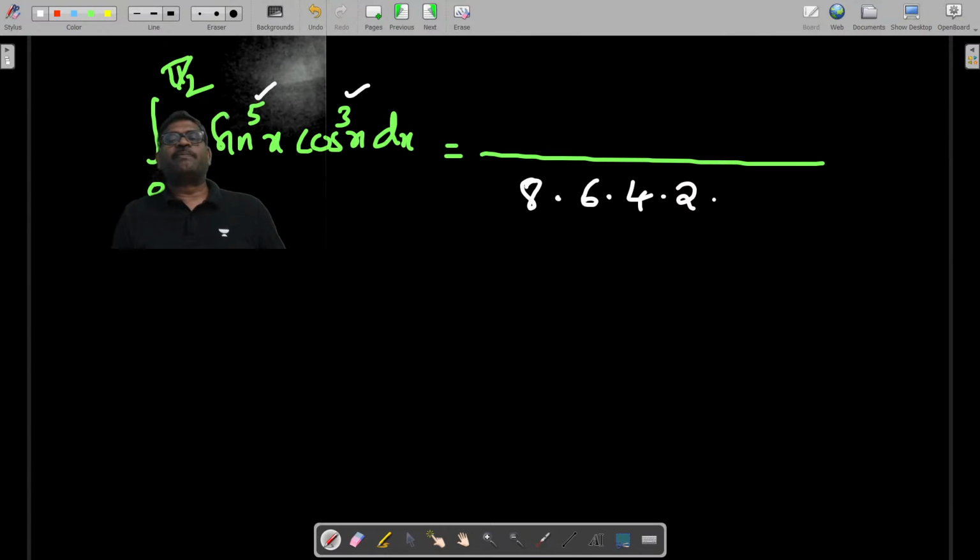Now when power is 5, numerator starts with 4, 4 into 2. When power is 3, numerator starts with 2. Both the powers are not even, therefore 1.